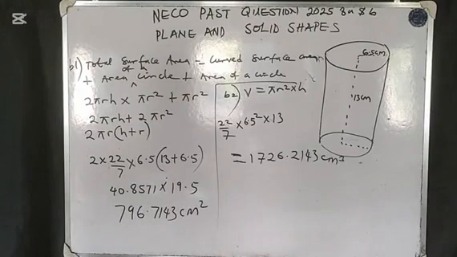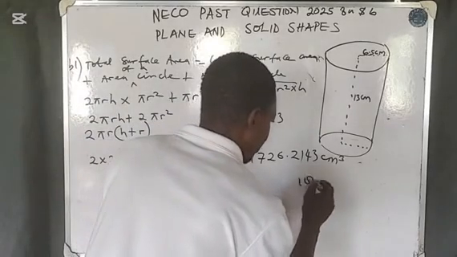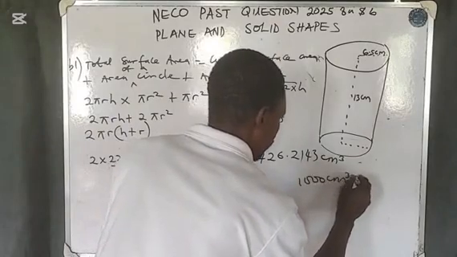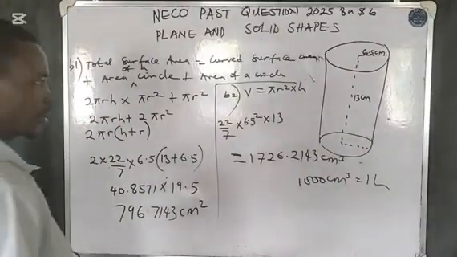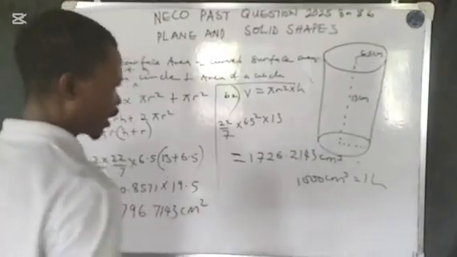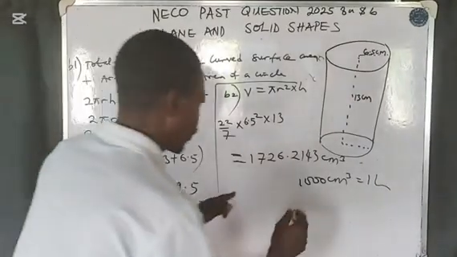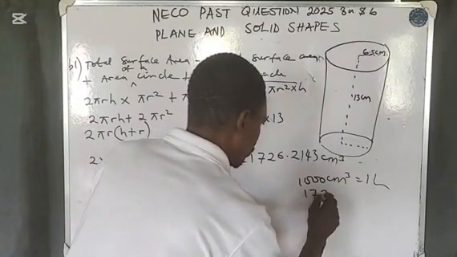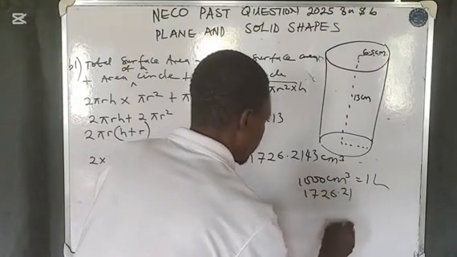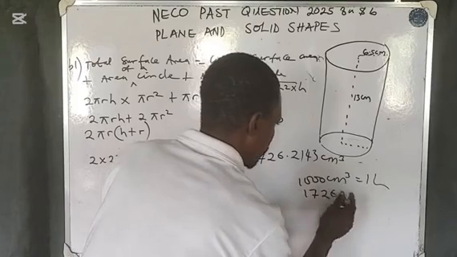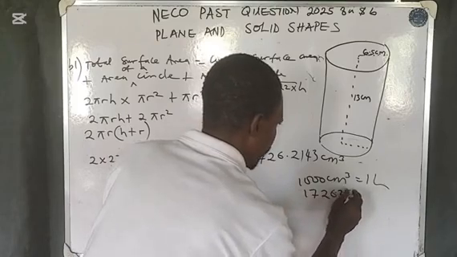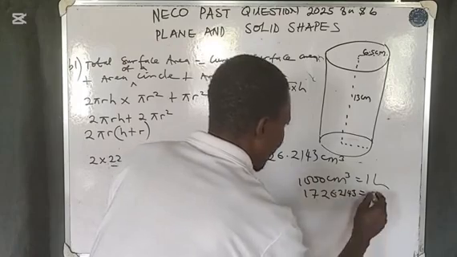But to convert to liter, you will divide by 1000, right? Because 1000 centimeter cube equals 1 liter. So if you cross multiply, it will end up dividing this amount by 1000. So we write here 1726.2143 equals X liter.